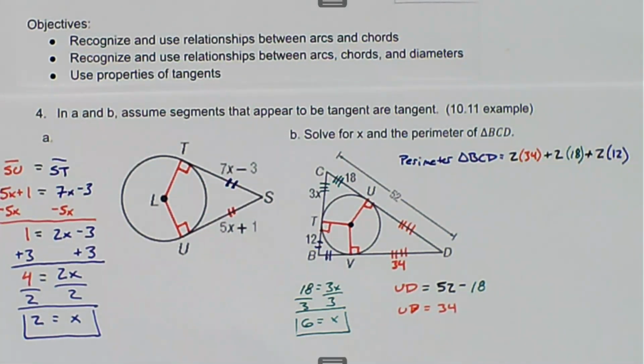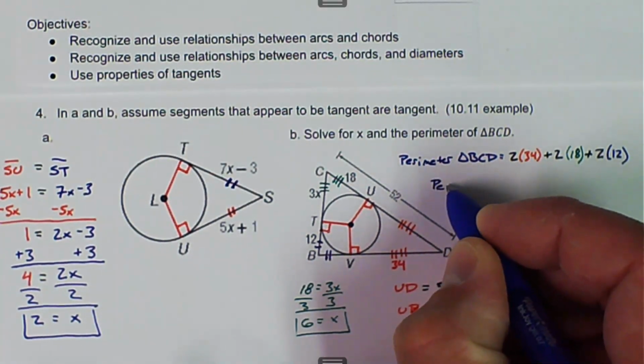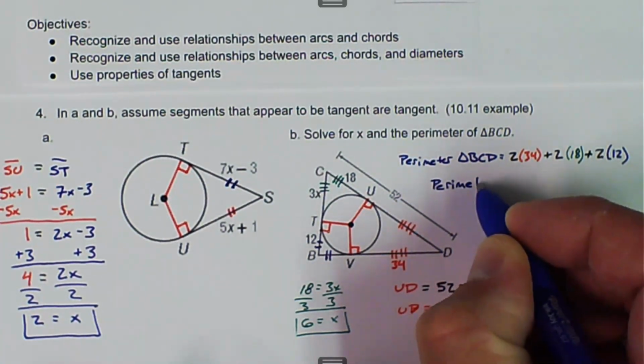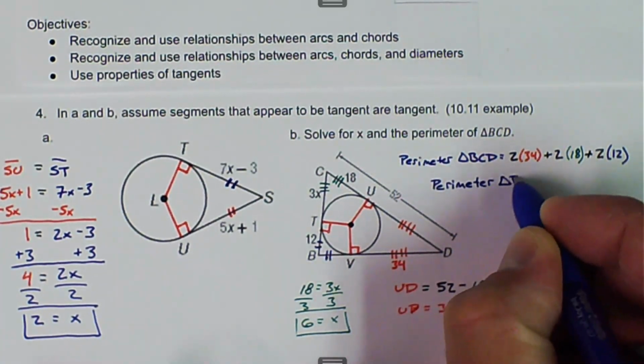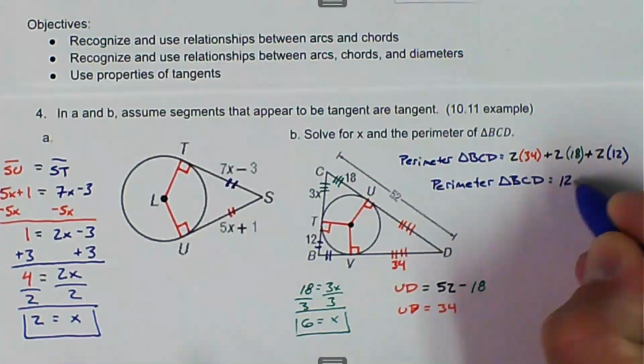And when we put those all together, multiply and then add, we get the perimeter of triangle BCD is equal to 128.